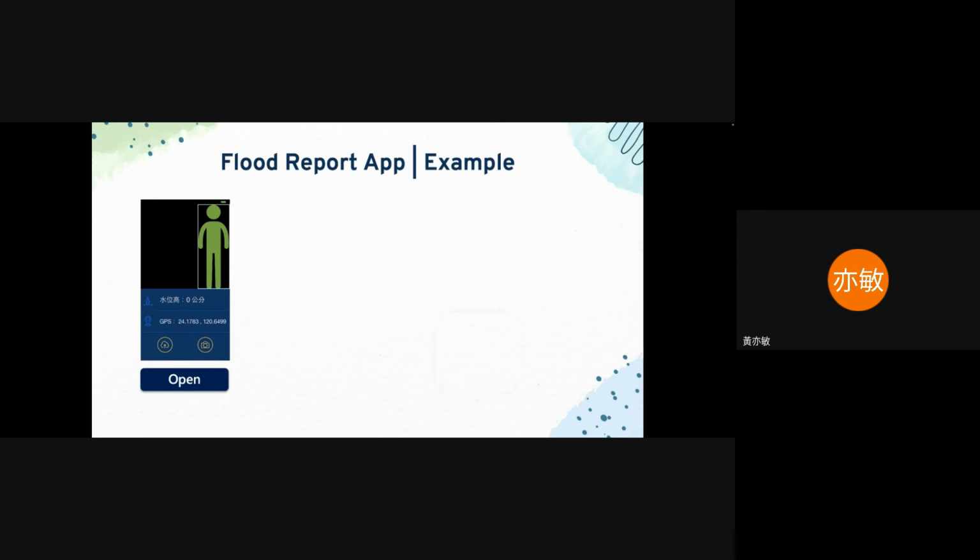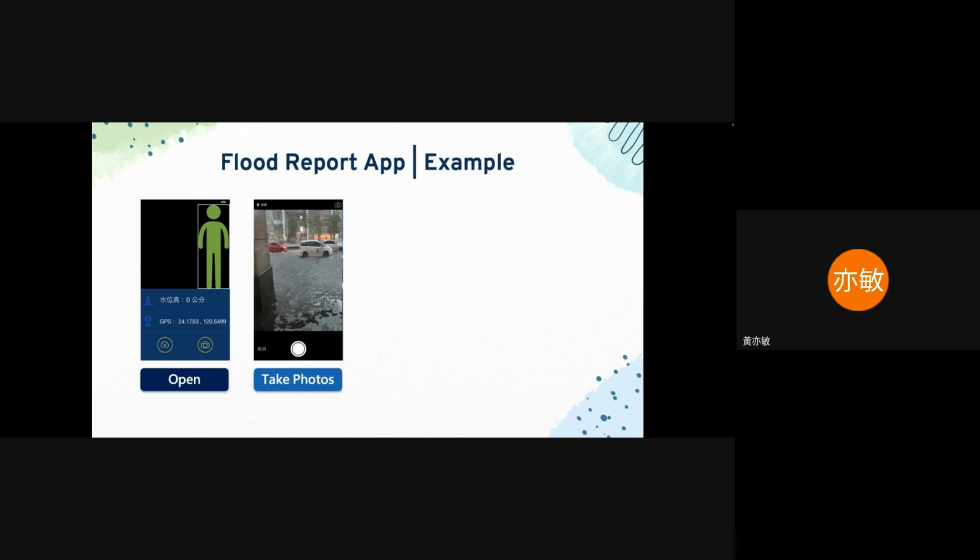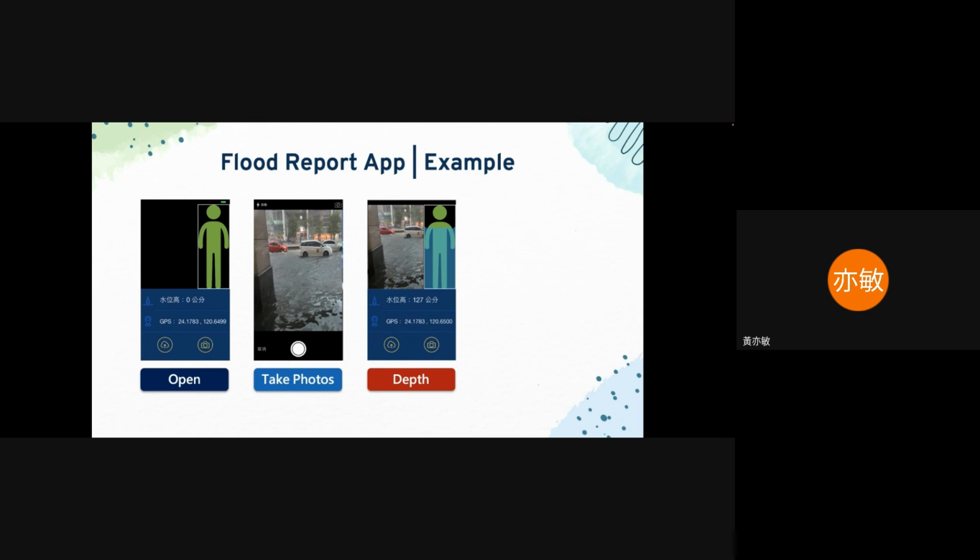So we just need to provide them an easy application. You can put it on your iOS smartphone or Android smartphone. You can open the app and take photos using the recognition, or you can tell us how deep it is, or you can just send the photos back to our system.